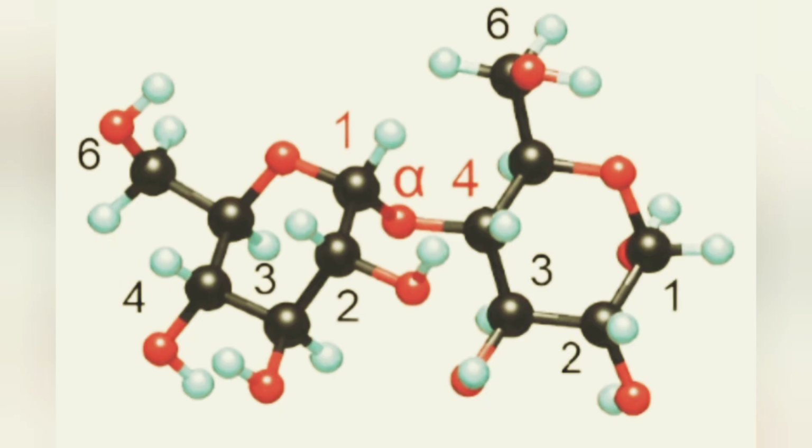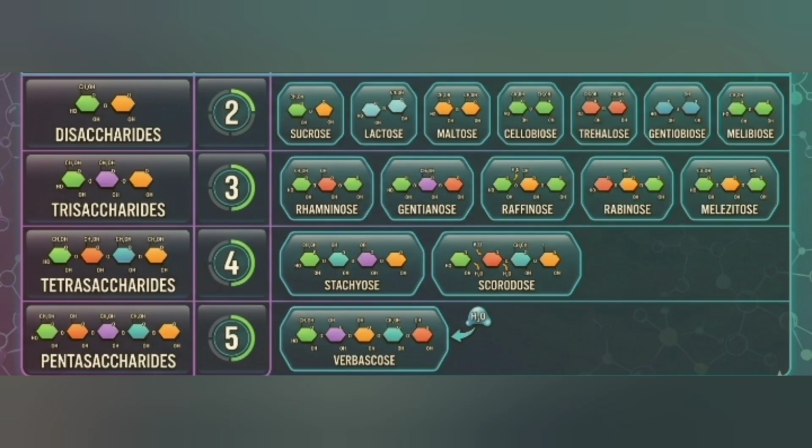On the other hand, oligosaccharides or oligosaccharoses are compound sugars. They yield 2 to 10 molecules of the same or different monosaccharides on hydrolysis. So they are strictly classified based on hydrolysis, unlike the monosaccharides. These oligosaccharides can further be classified into disaccharide, trisaccharide, tetrasaccharide, pentasaccharide, and so on till 10 units.